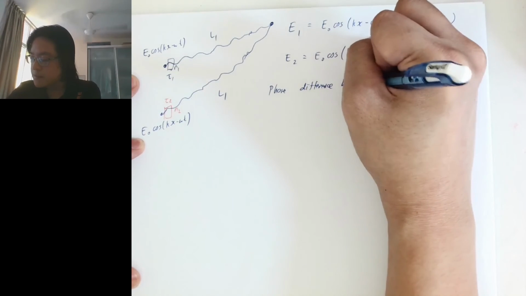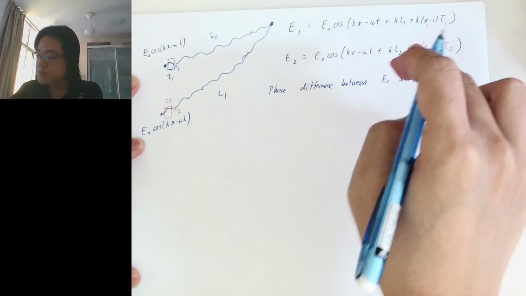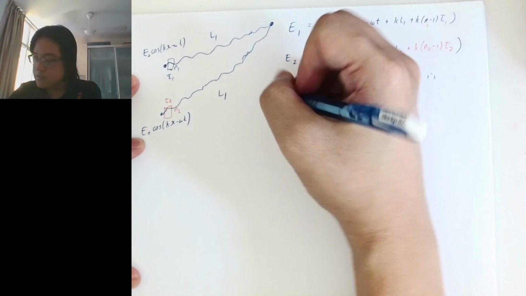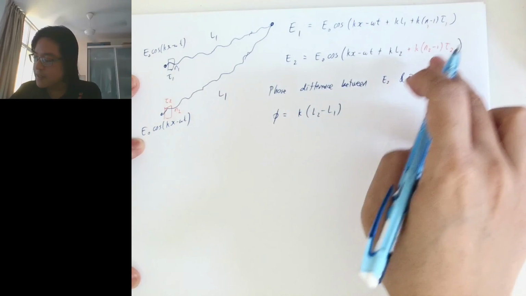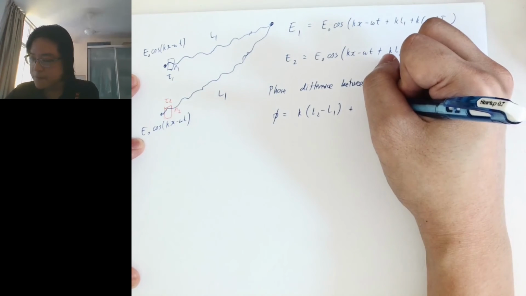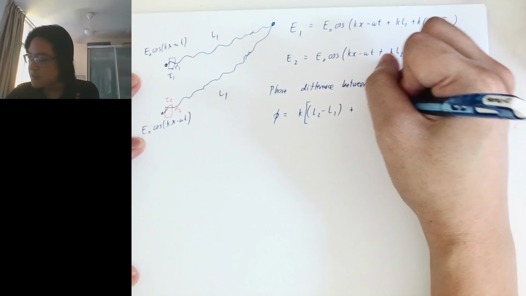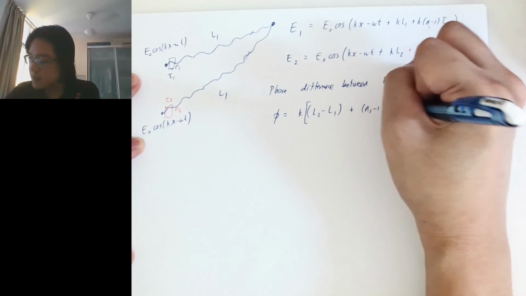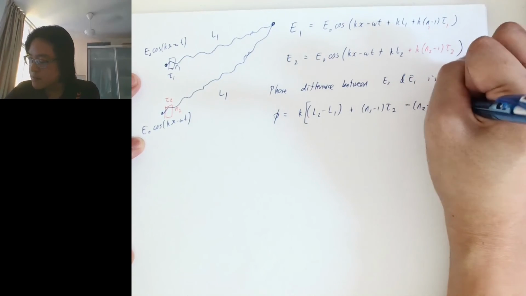The phase difference between E2 and E1 is what? Take this minus this. What we find is k(L2 minus L1), and then this minus this, so there is an overall factor k, and then (n2 minus 1) tau 2 minus (n1 minus 1) tau 1.